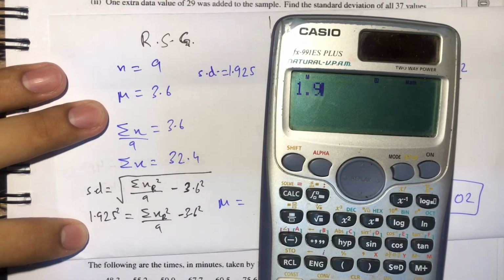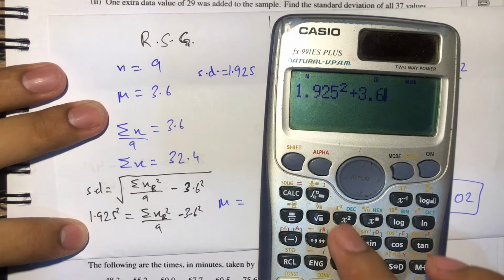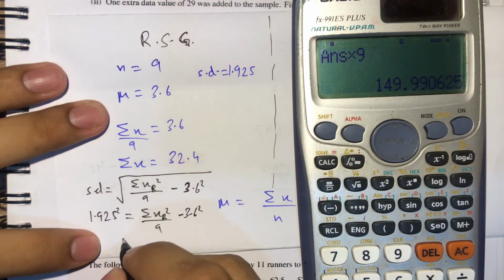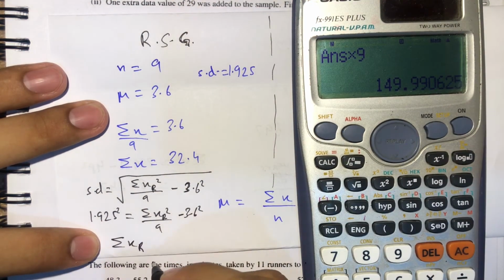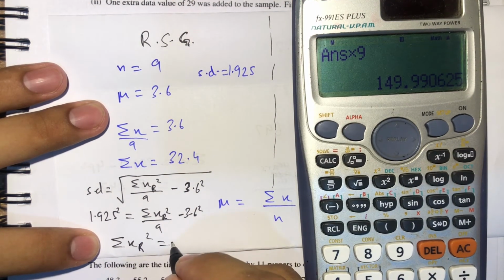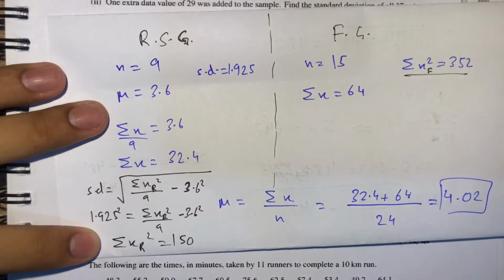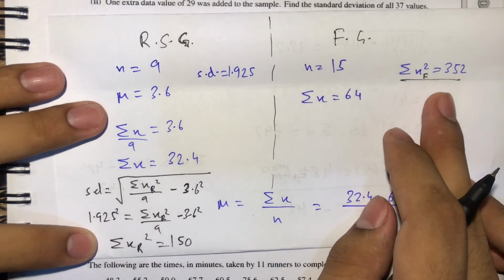So we have 1.925 squared plus 3.6 square, right? We'll multiply this by 9. So sigma xr square is equal to 150. So for Red Street Garage it's 150, for Fairwheel Garage it's 352.